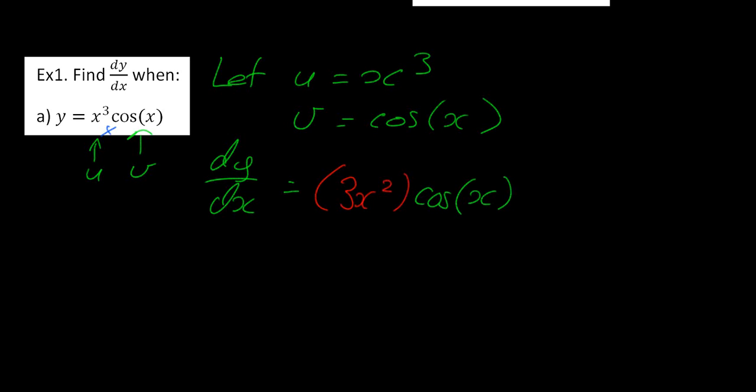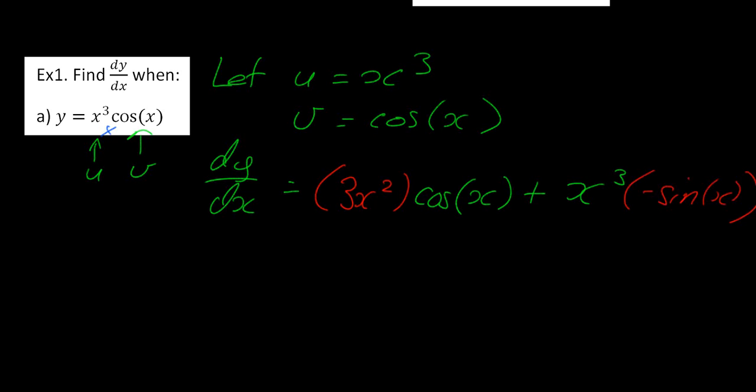Remember, we leave v as it is, first of all, and then we're going to leave u as it is from before. So we have x cubed, and then we differentiate this one. So you can see that each of these are going to be differentiated once, but in different places. And over here, this is negative sine x, which is the derivative of cosine x.